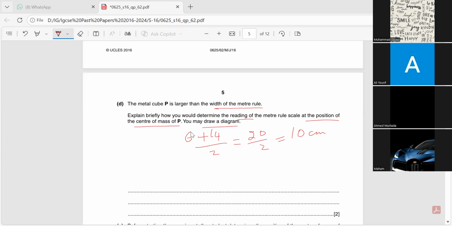So I'm going to take the readings on both sides of the cube. That's what we did here.